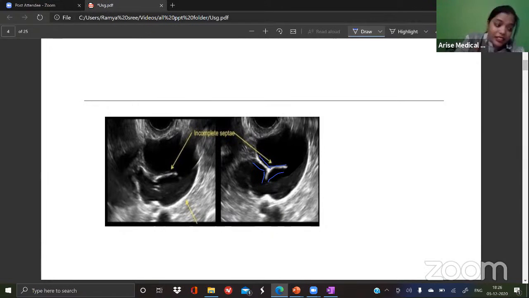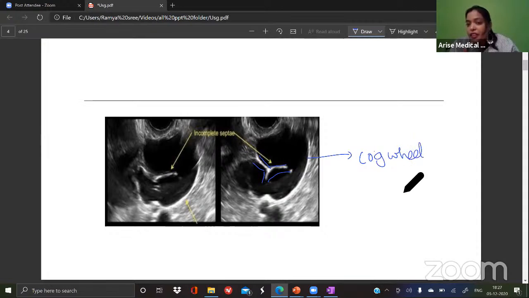Unlike your ovarian cyst, where you'll have complete septations, this will have incomplete septations. And incomplete septations are called cobweb appearance or cogwheel appearance.